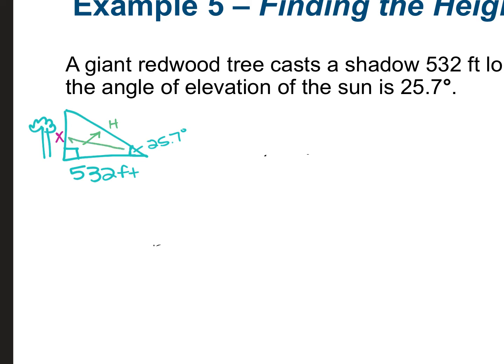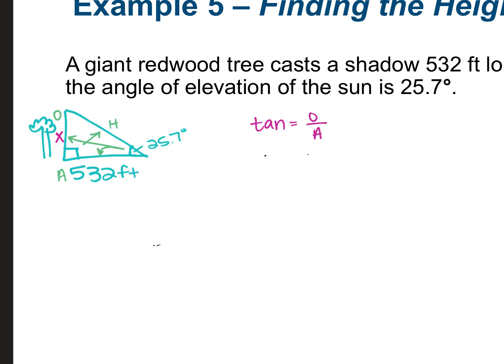Across from that angle measurement is your x. That's your opposite. Next to that angle measurement is your adjacent of that 532 feet. So if we're working with opposite and adjacent, our tangent is opposite over adjacent. So we're going to use tangent for this one.